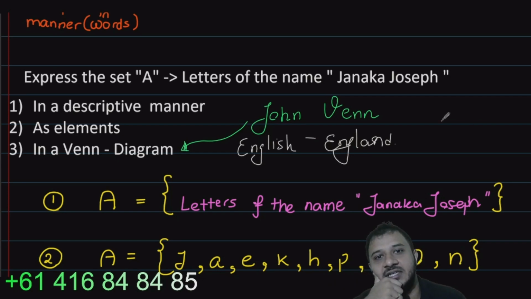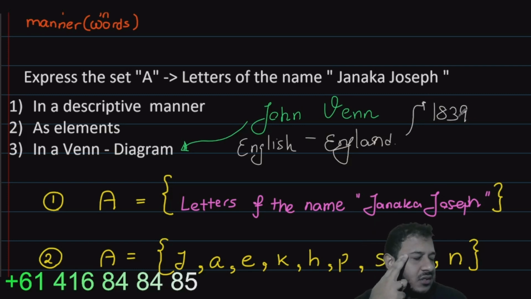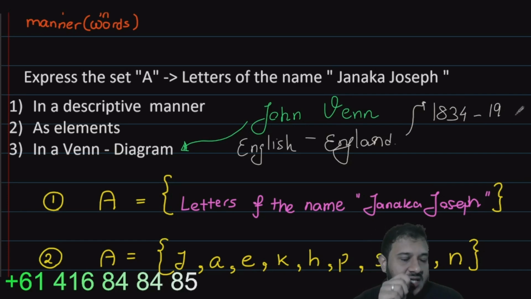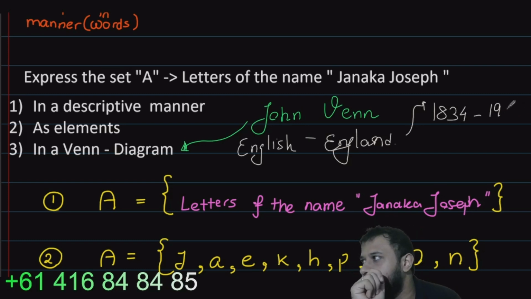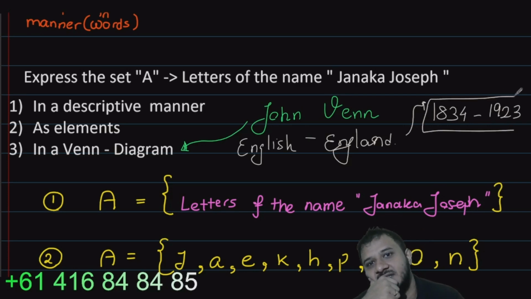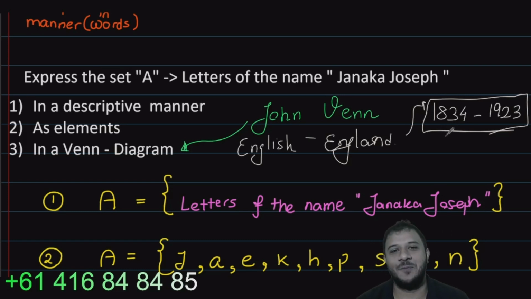This English John Venn was born back in 1834, and was living until 1923. This is the time he was living. Why did he represent this thing? There are many controversial ideas about it.